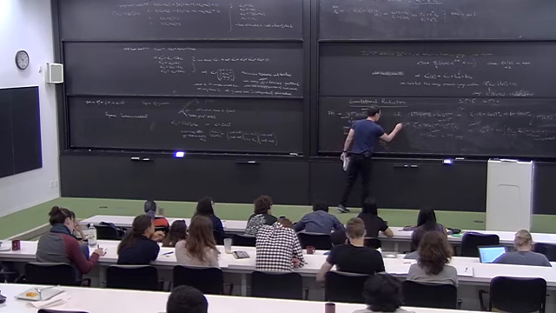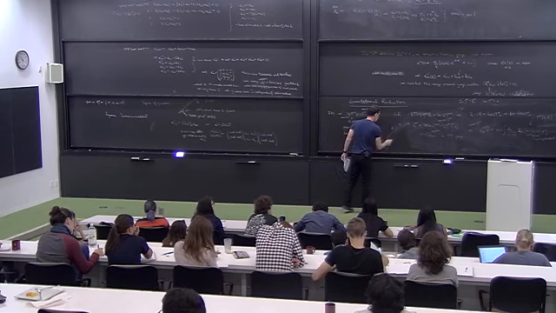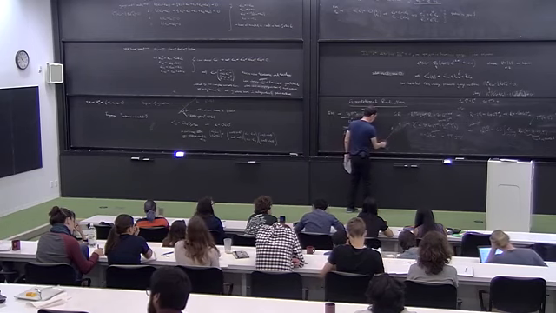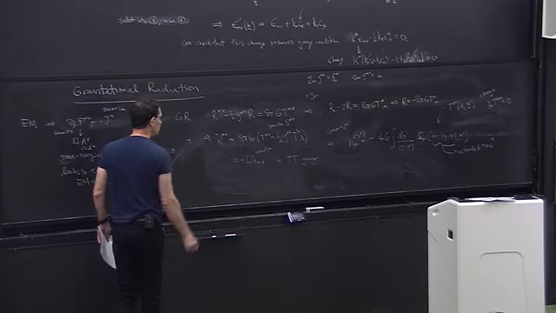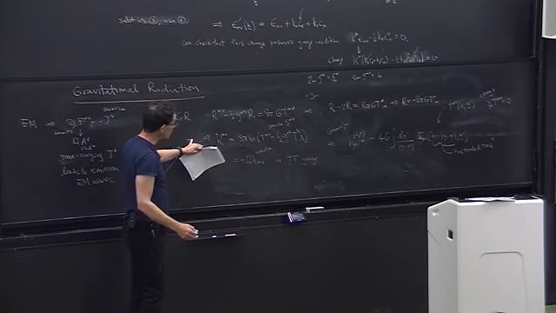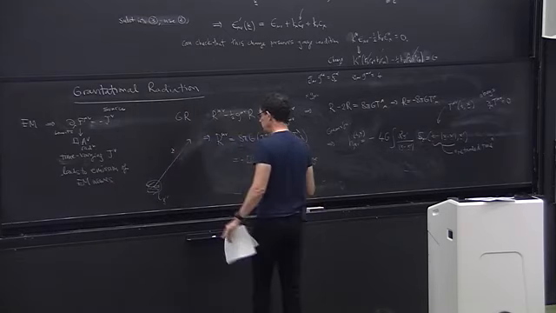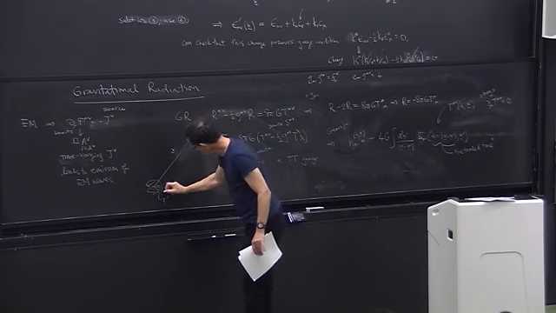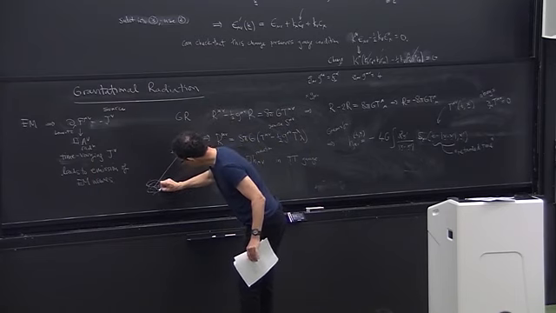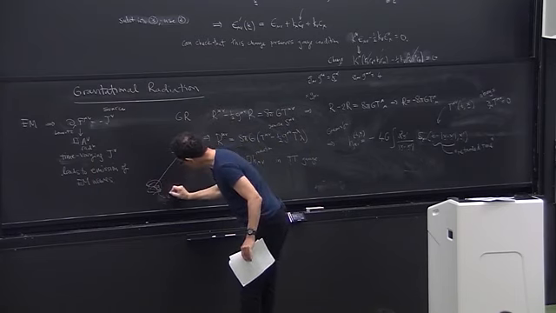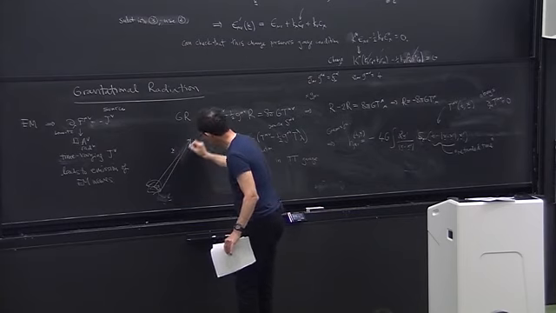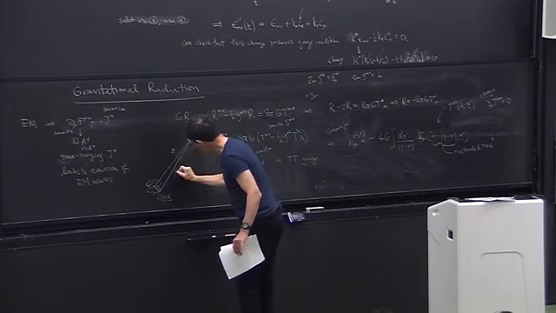If I'm now sitting at x, then the wave I get at time t, coming from the position x prime, this distance here is obviously modulus x minus x prime.